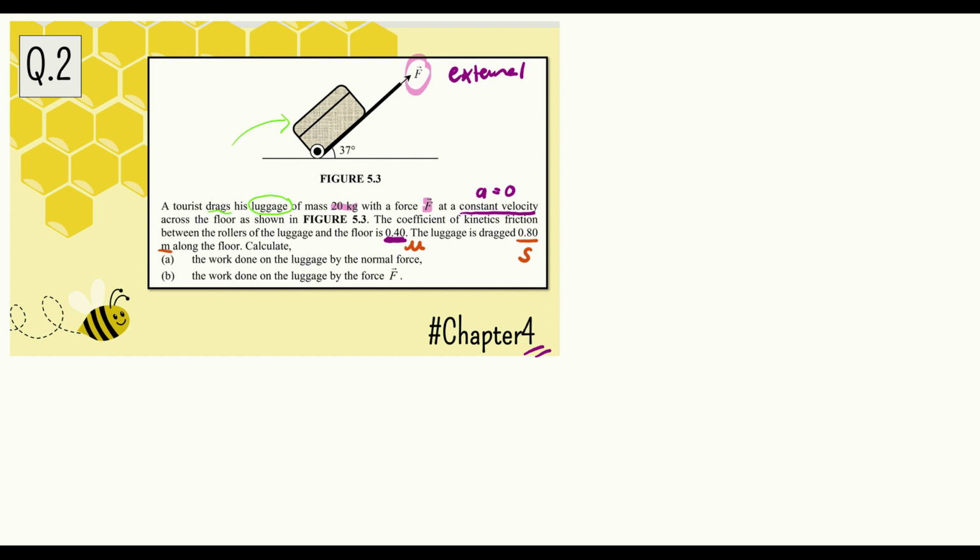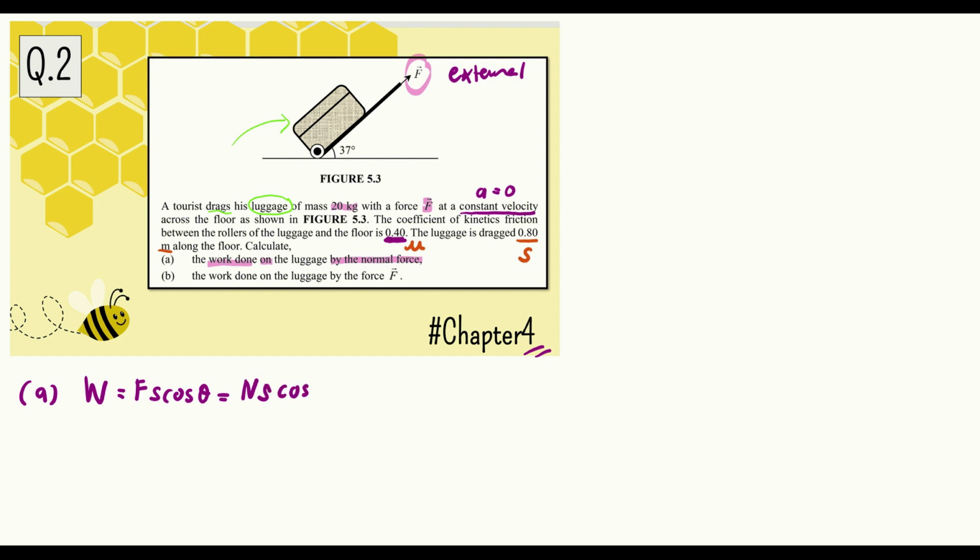The first question is to calculate the work done on the luggage by the normal force. To solve this, we have the general equation for work done, F s cos theta. So for this case, the work done by the normal force is N times displacement times cos.